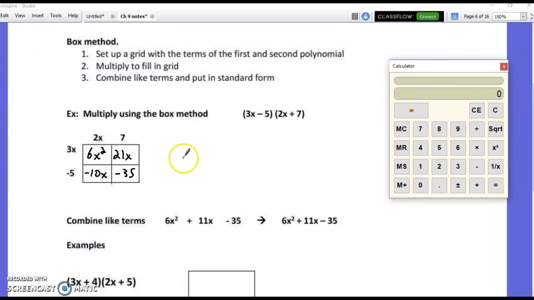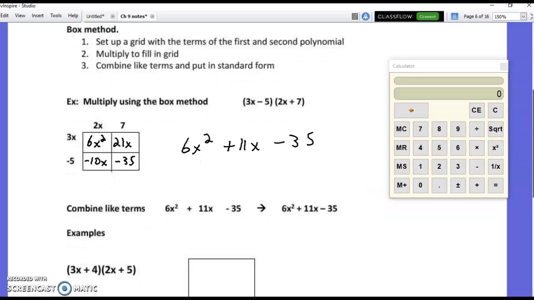My biggest exponent is the 6x squared, and then I have two x terms, and those are like terms, so we can combine them. So we can have 21 minus 10, or negative 10 plus 21. Use your calculator if you need it, but 21 take away 10 is going to give us a positive 11x, and then our last term, our constant, is negative 35. So if you write it out like that, we combine our like terms, and you have our final answer.